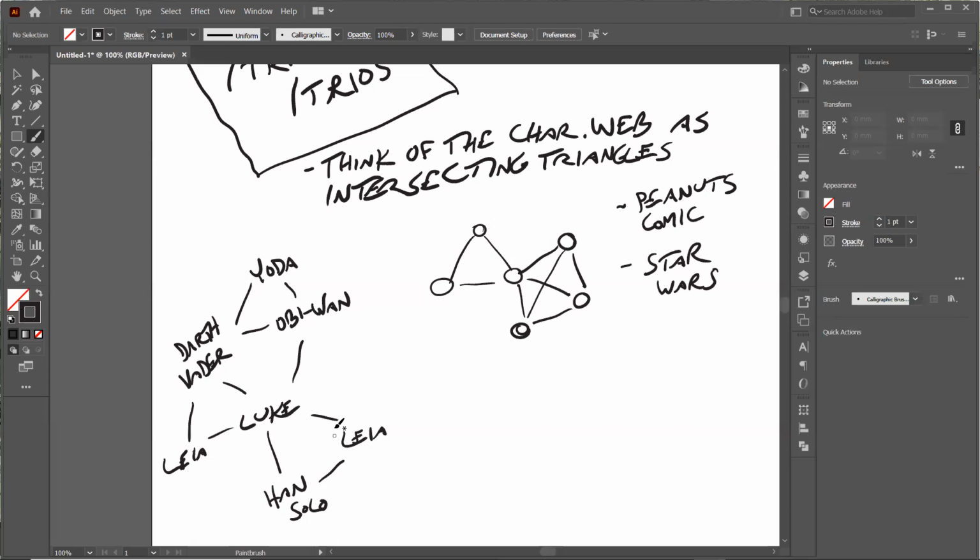Starts to look like organic chemistry. It does, yes, kind of. There are some theories that compare storytelling with chemistry or physics or mathematics, but I'm not going there now. So basically, I'm going there now.